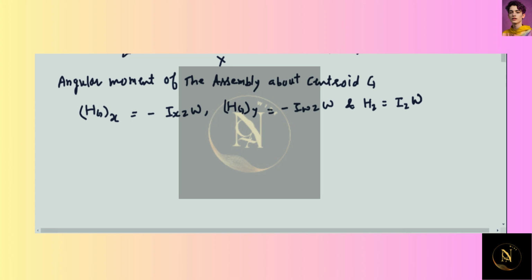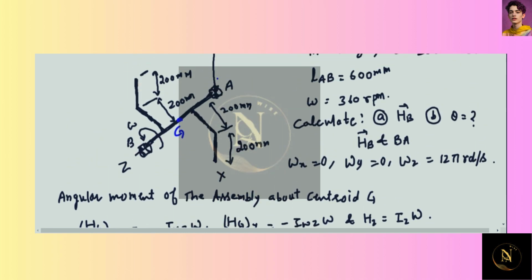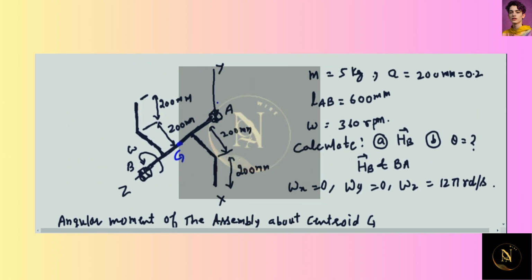To find the moment of inertia of the assembly, the given assembly has to be divided into 4 parts that we are marking 1, 2, 3, 4, each having mass half of 5, that is 2.5 kg, and side 0.2 meter.